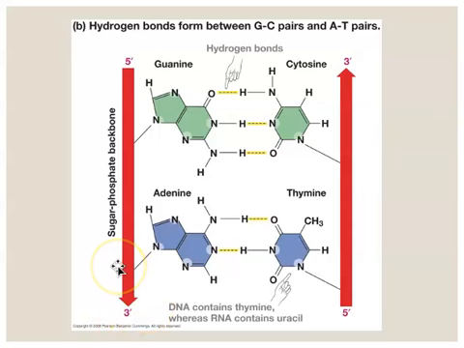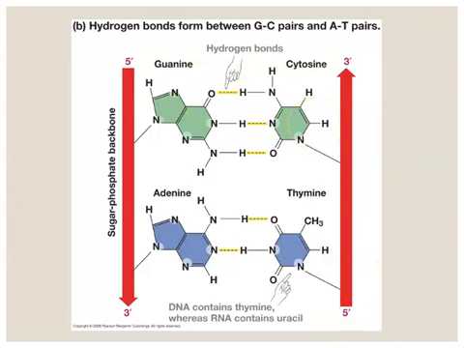You can see this is the shortest little piece of DNA you can imagine. This strand is 2 nucleotides long, and this strand is 2 nucleotides long. So we have 2 bases here, 2 bases here, and they are binding in a complementary manner. A is binding with T, T with A, and G and C bind together.